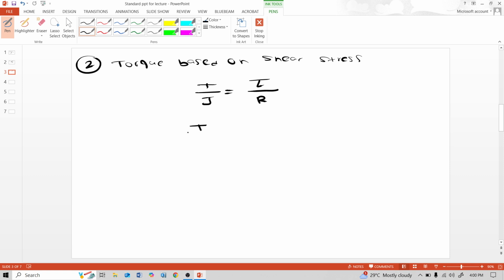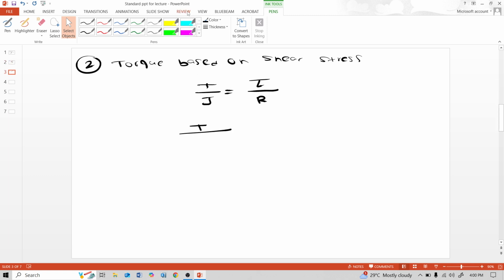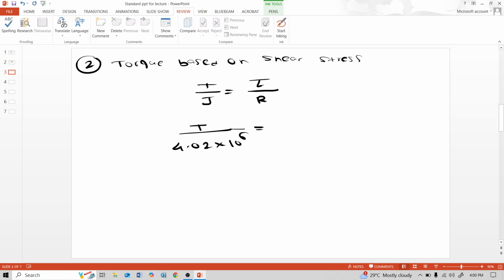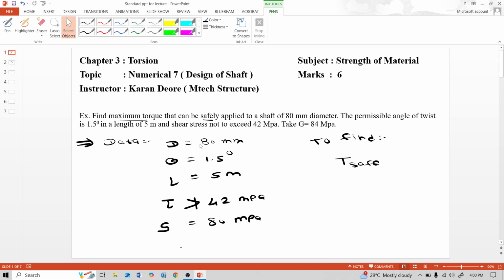This J is 4.02 into 10 raised to 6, this tau is 42 MPa, and radius is diameter by 2.